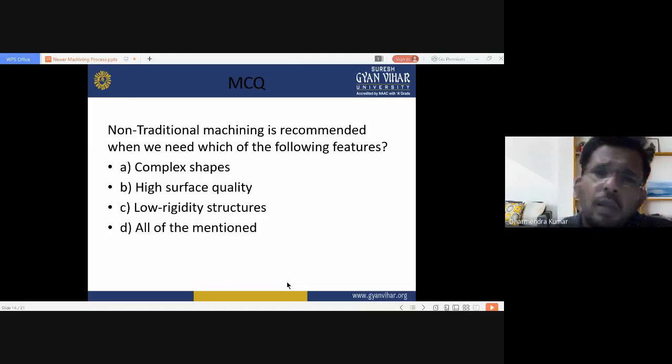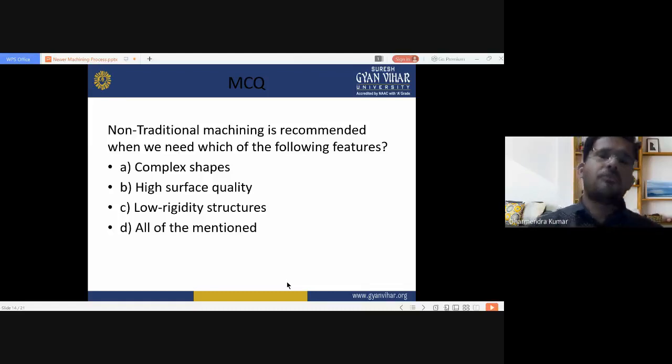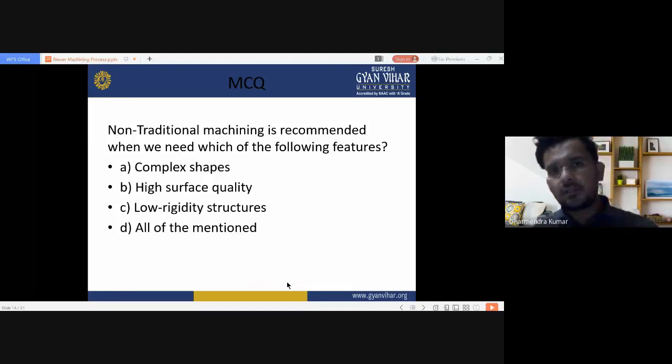Basically, we have only an overview of non-traditional machining. We have only studied the need, classification, advantages, limitations, types, and the principles used in non-traditional machining.